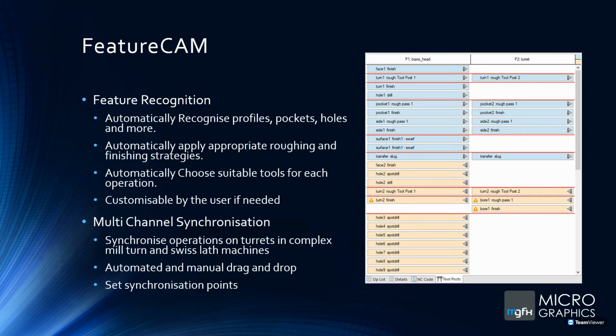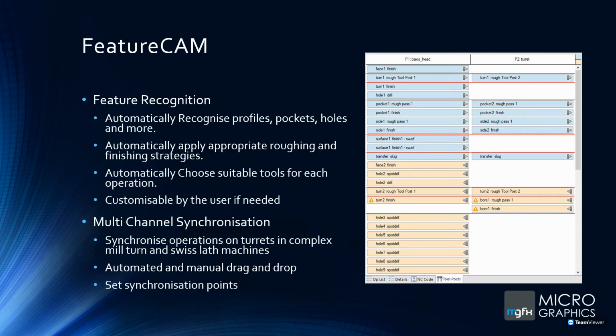So these synchronization points, each red line in the table in the image represents a synchronization point. These can be done automatically or by the use of drag and drop. So you can pick operations in that list and drag and drop them to change where they are synchronized.